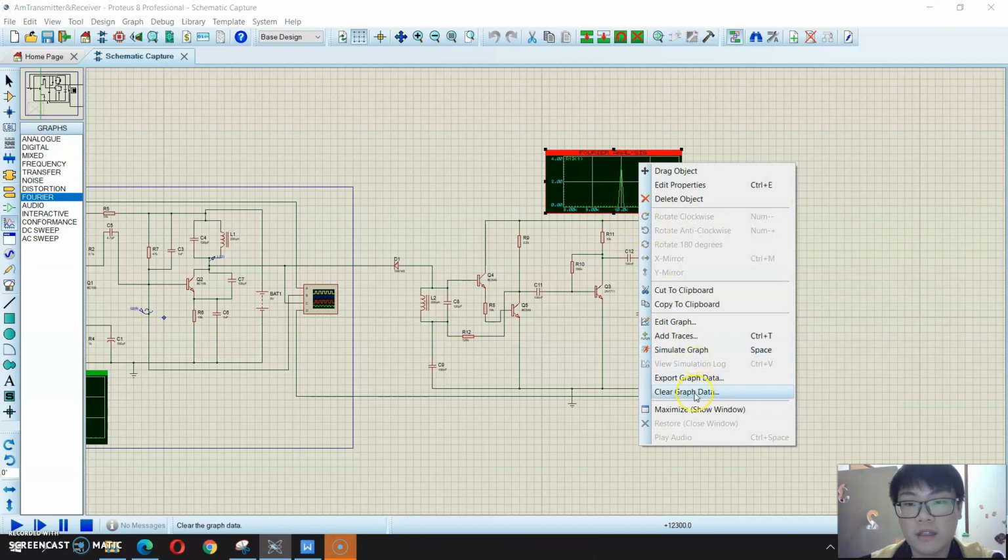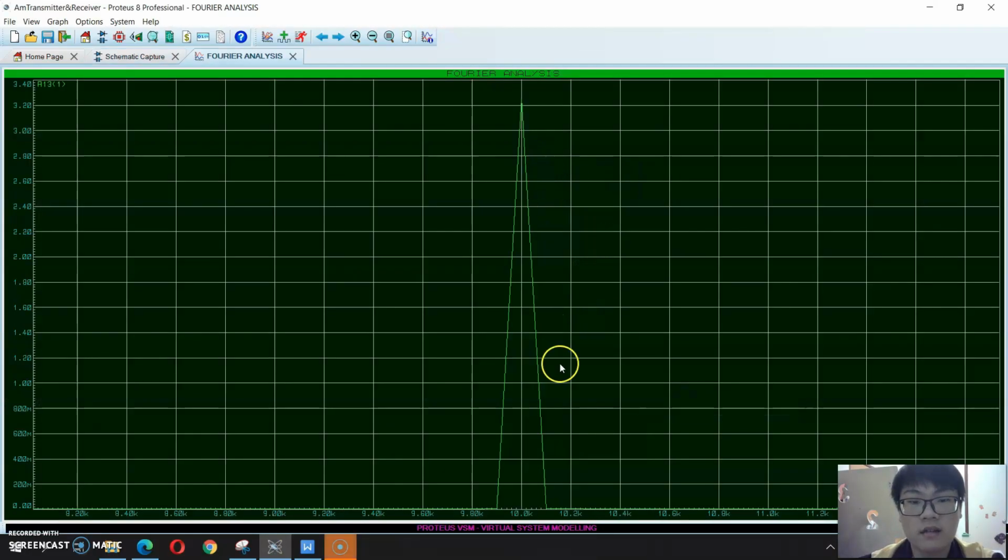After that, we maximize it, and this is the output for the receiver circuit. We can see it is 10K, the same as the input frequency of the transistor. This shows that the receiver received the 10K and its output is the same as the input signal of the transistor.